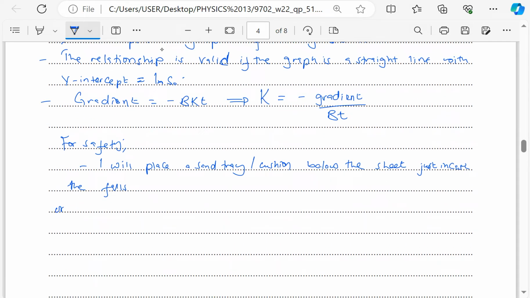Alternatively, I can write another one. I'll also use gloves to protect hands from cuts.